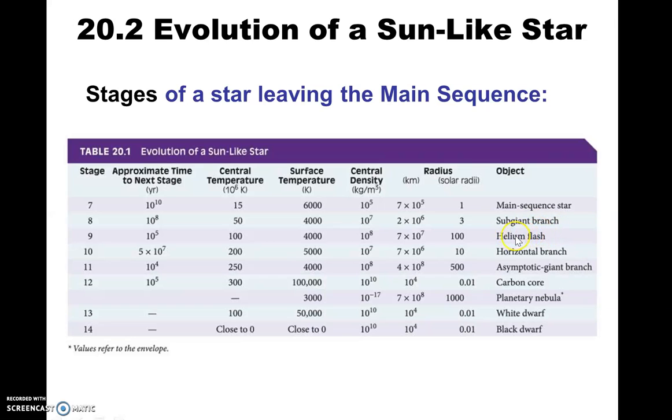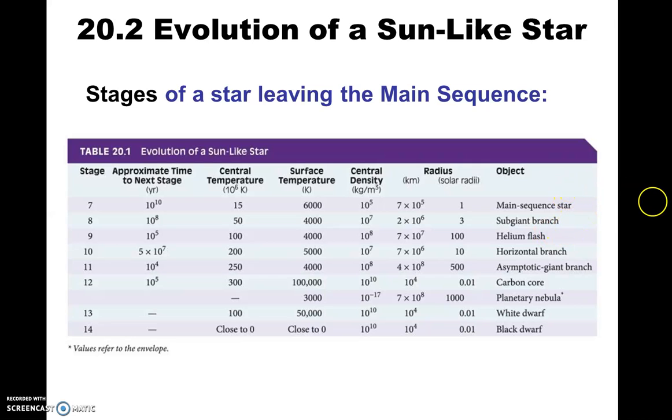Stage 8 then leads to what's called a helium flash, when helium first begins to burn in the core. It's got to get hot enough. You've got to get a temperature, let's see, what does it have to be? Like 100 million Kelvin or something like that.